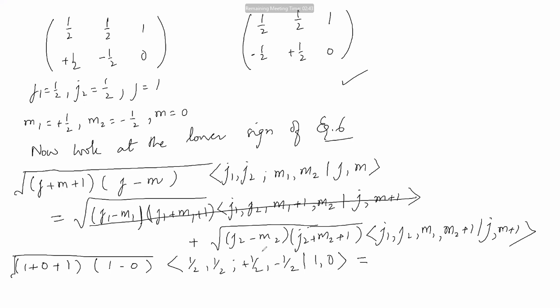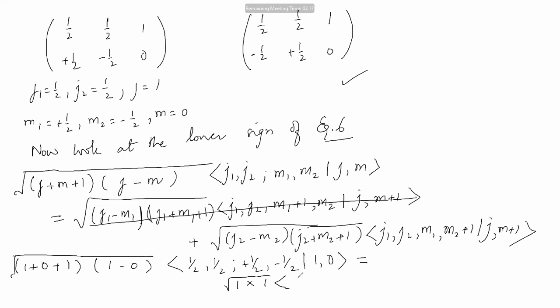Since M2 is minus half, this will be plus 1, and this part will be half minus half into 1, that means 1 into 1.